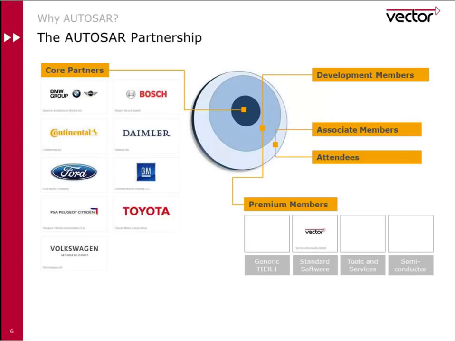Outside of that, you have the premium members, which includes Tier 1 suppliers, software suppliers like Vector, shown here on the slide, tool and service providers, and the semiconductor members. And then around the outside, associate members and further attendees. From the AUTOSAR website, www.autosar.org, you can see all the AUTOSAR members, and today I had a look and you can see over 200 members actively participating in the AUTOSAR partnership.